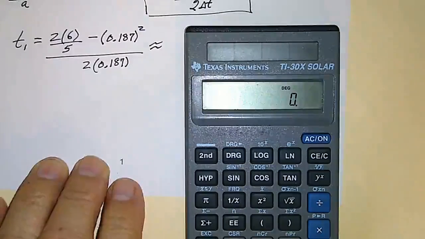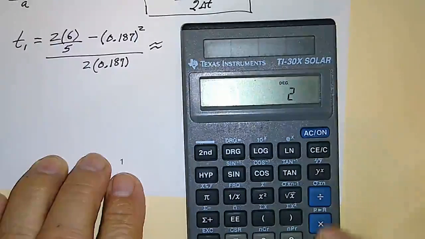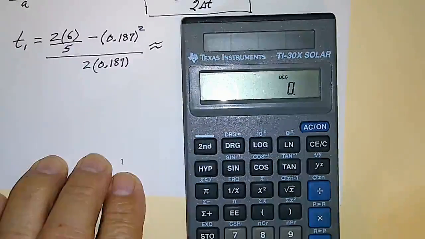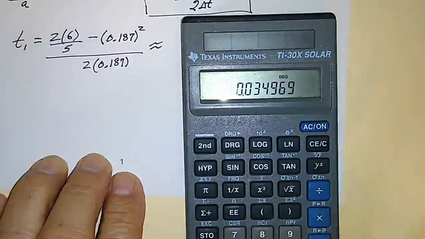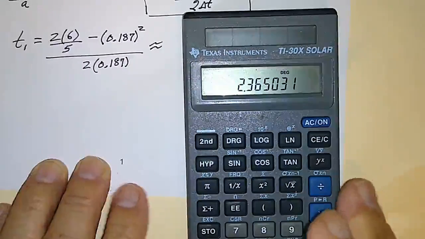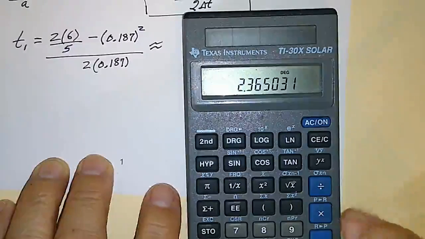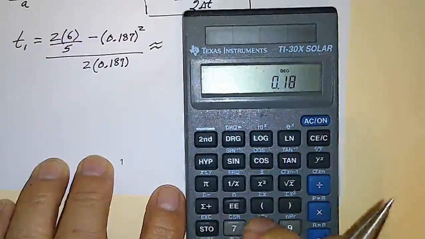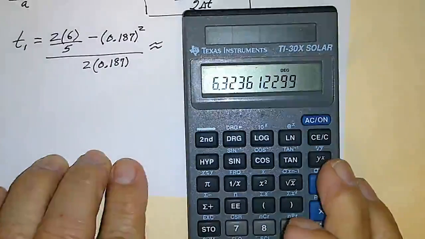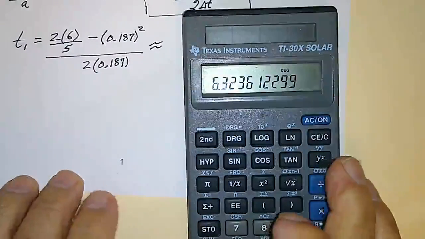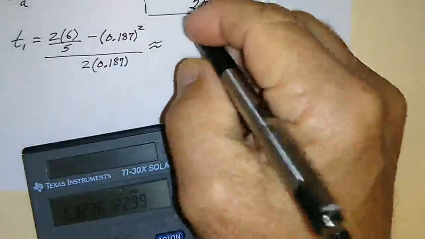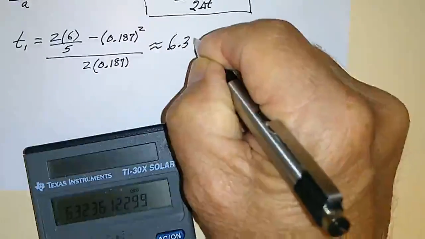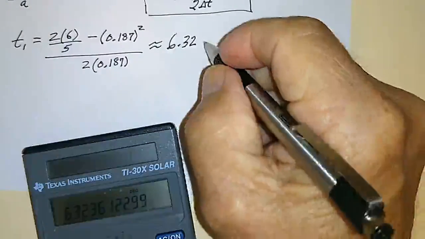So 2 times 6 divided by 5 minus 0.187 squared equals, in the numerator, 2.365 and so on, and we divide all of that by 2 times 0.187, and that's equal to approximately 6.32. So the answer is 6.32 seconds.